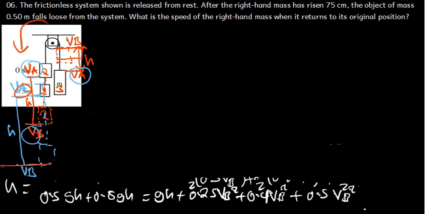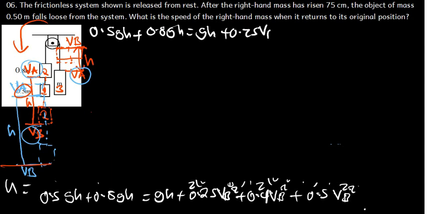Now we have our formula, which we have just come up with. We are saying 0.5 gh plus 0.8 gh is equal to gh, the h is the same, plus 0.25 vb squared plus 0.4 vb squared plus 0.5 vb squared.